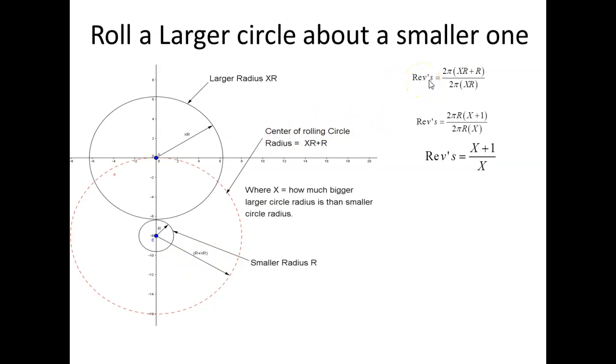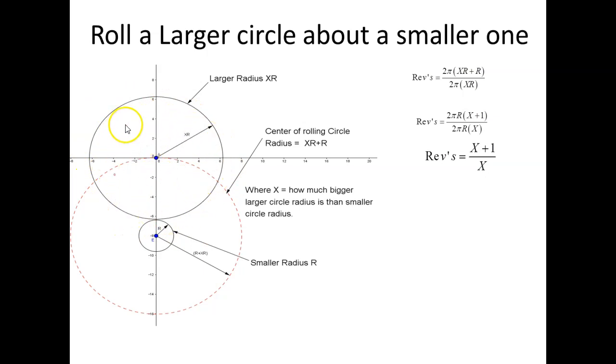My revolutions is equal to 2 pi times x r plus r, divided by 2 pi times x r. Because now what's revolving around the small circle is my basketball, or the larger circle.